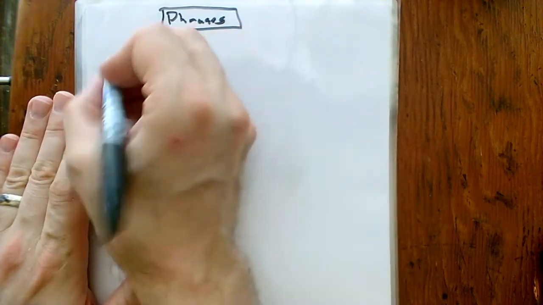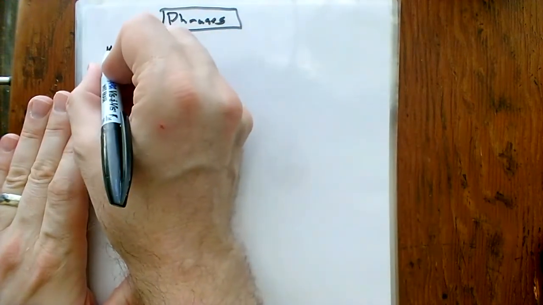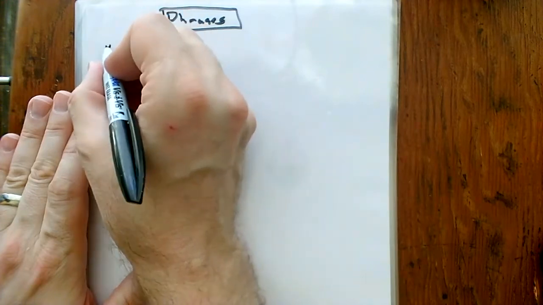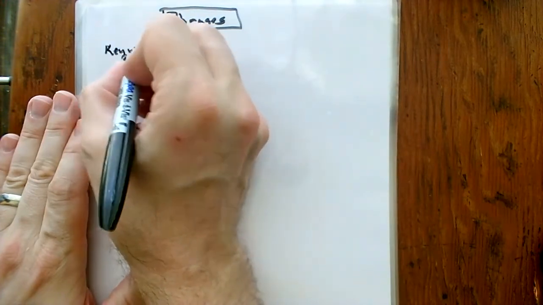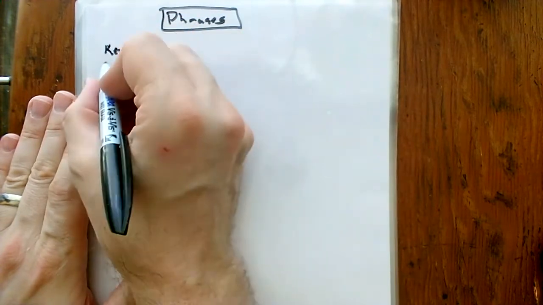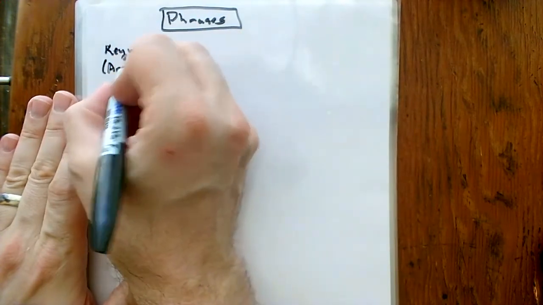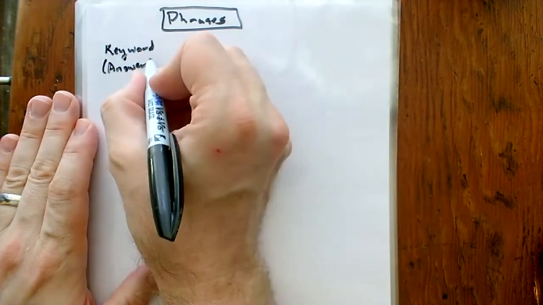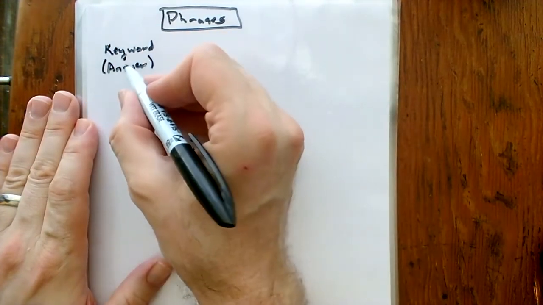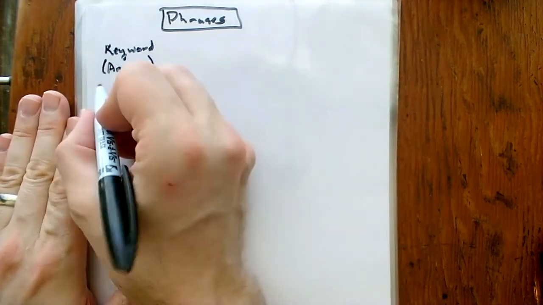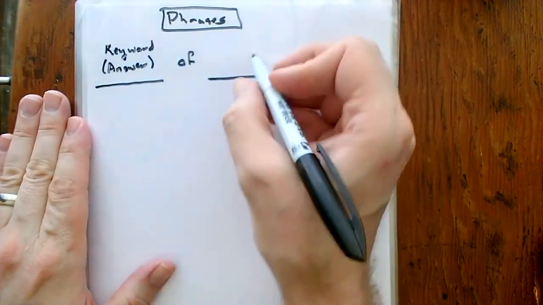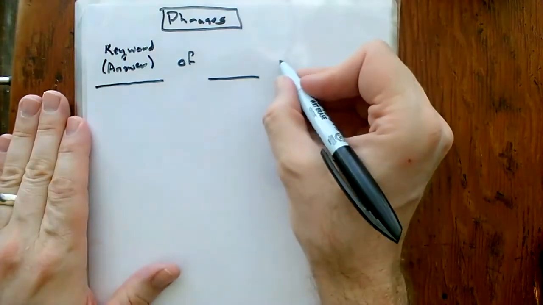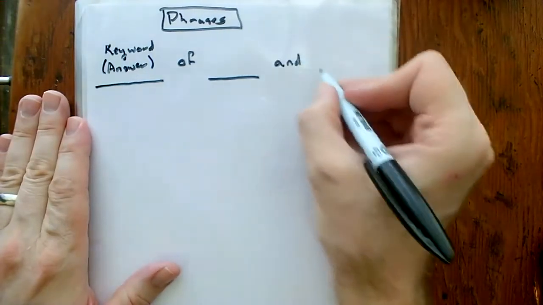So with this, you're going to end up with usually a keyword, and it's usually going to be that answer keyword. So words like sum, difference, product, or quotient, of one object and another object.